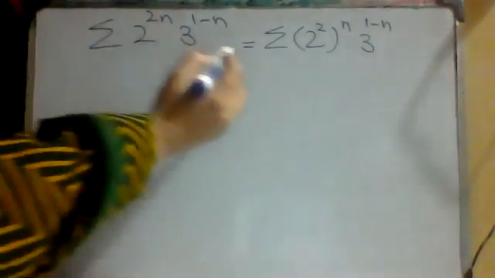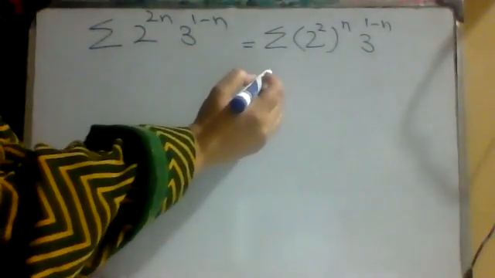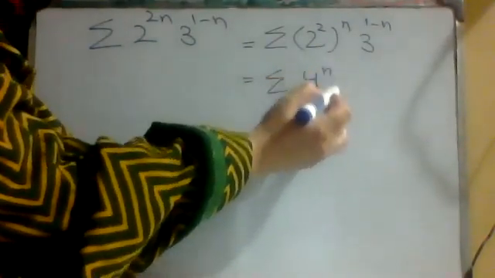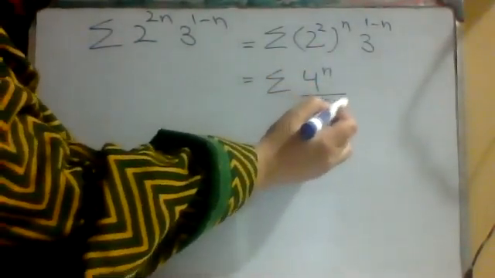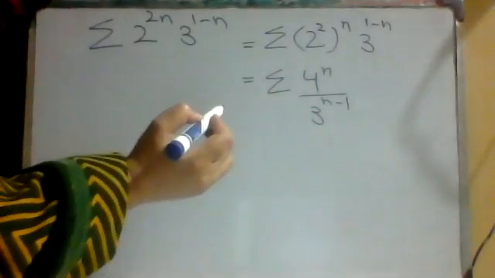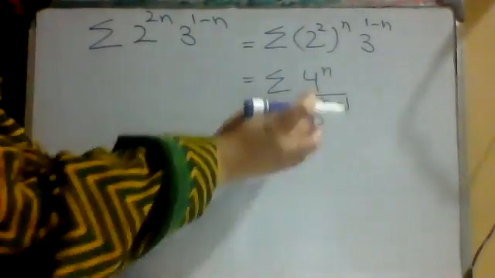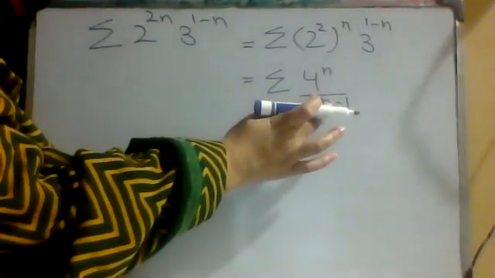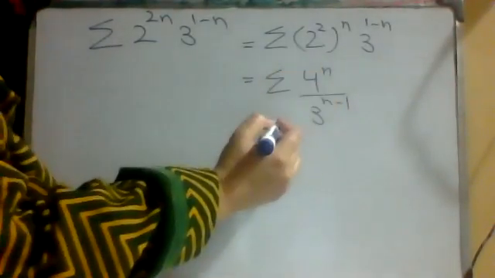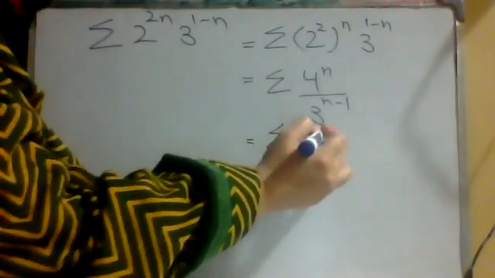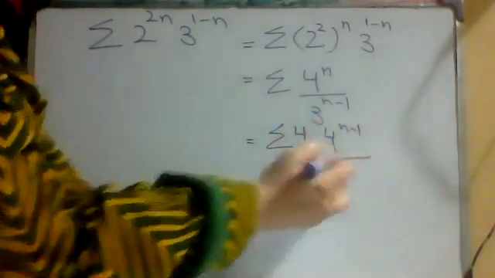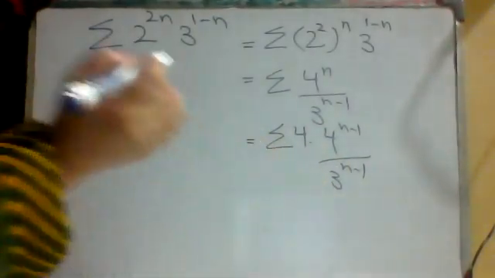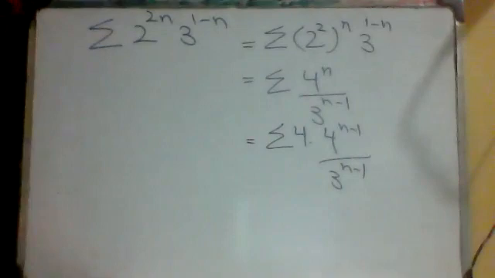You can write it as summation 4 power n over 3 power n minus 1, where n is from 1 to infinity. Since it is n minus 1, I will separate it as 4 into 4 power n minus 1 over 3 power n minus 1.